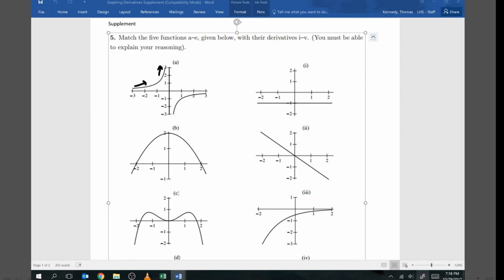Because it's positive, it's going up. But it's getting steeper and steeper and steeper with its positive slope. So the graph of the derivative is going to look a heck of a lot like the graph of the function. Because it's a derivative, it's probably going to be a little less steep, so maybe I should have drawn it a little better, but whatever. On this side, we have a really steep positive slope, but we're getting less and less steep. And so we start really steep, and we're getting less and less steep, and that's how we end up our derivative. So I can erase these little extra lines now, and booyah, I have a derivative graph.